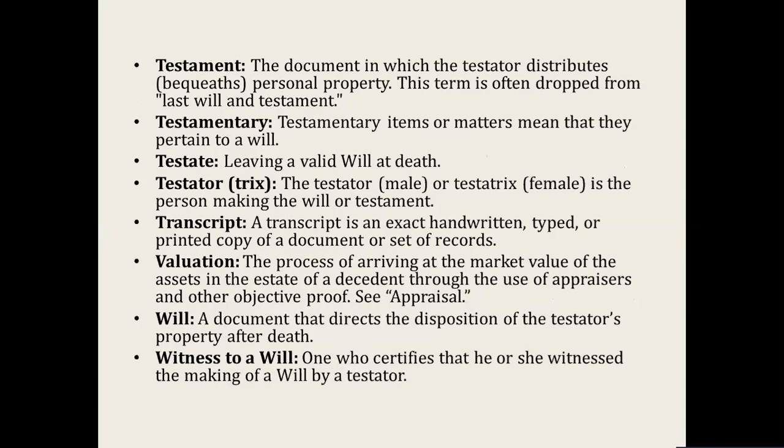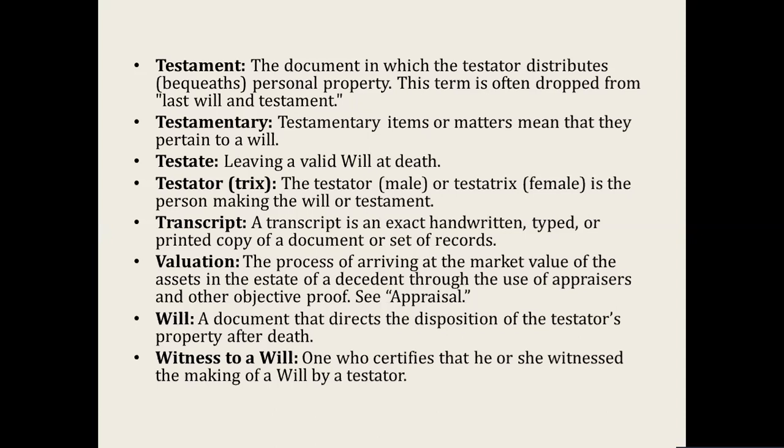Testament is the document in which the testator distributes personal property. This term is often dropped from the last will and testament. Testamentary items or matters mean that they pertain to a will. Testate means leaving a valid will at death.